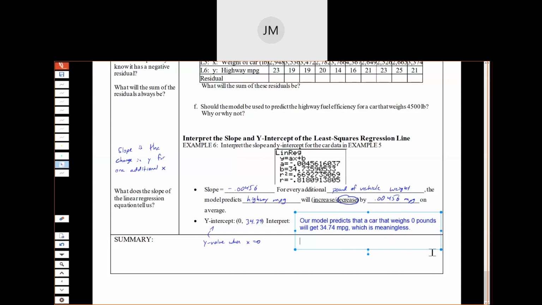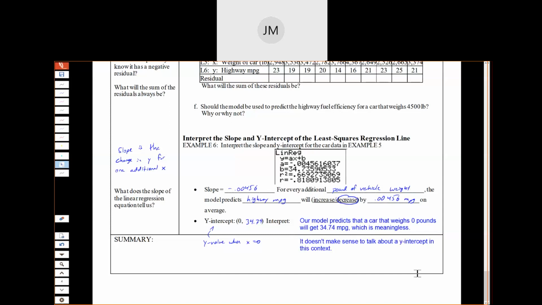Okay. Right. So for some examples that we have, the y-intercept doesn't make sense. And that's fine. We want to say that.